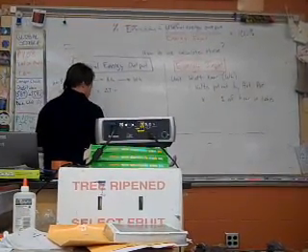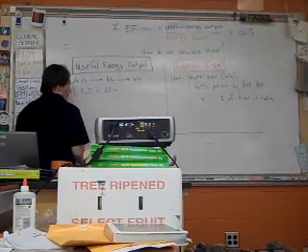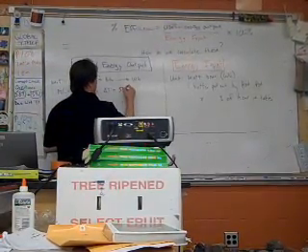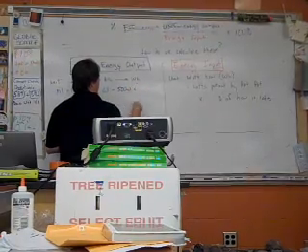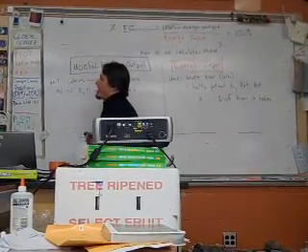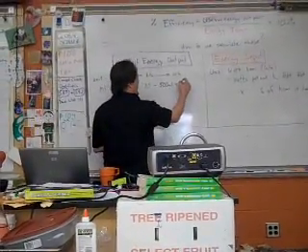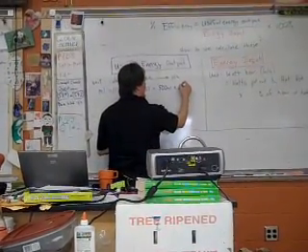In this case, how many milliliters of water do we have? 500 times, from 20 degrees to 80 degrees, our change in temperature is 60 degrees.